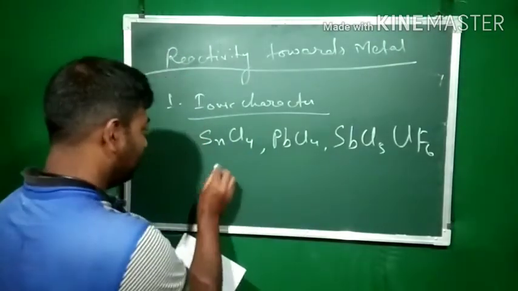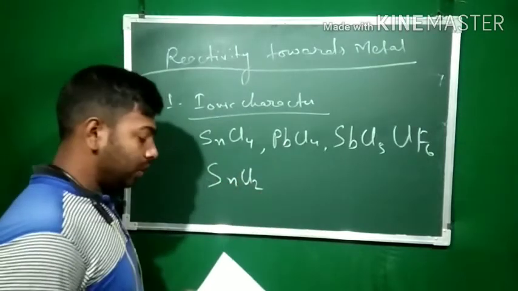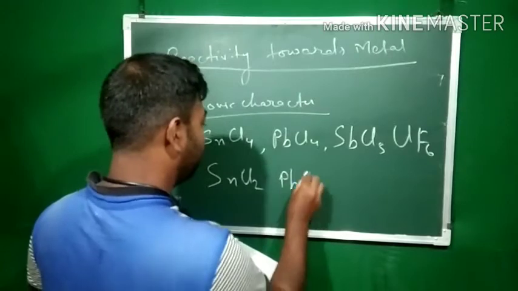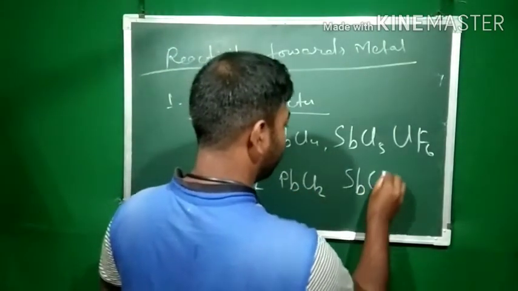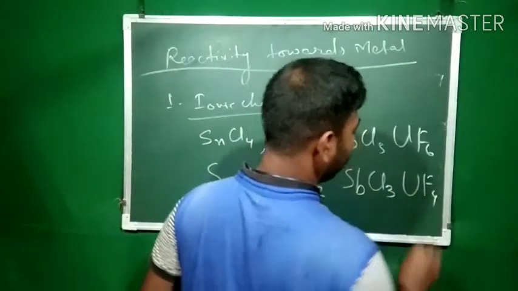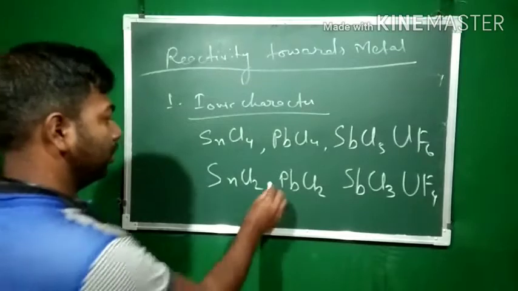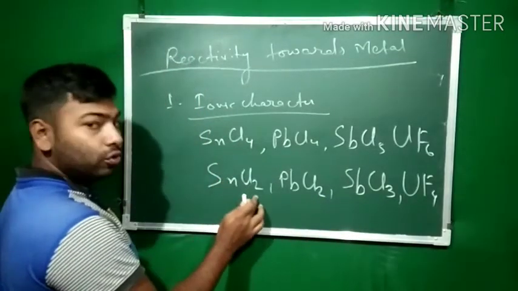Suppose SnCl2, PbCl2, SbCl3, UF4. This one is Cl4, this one is Cl2.